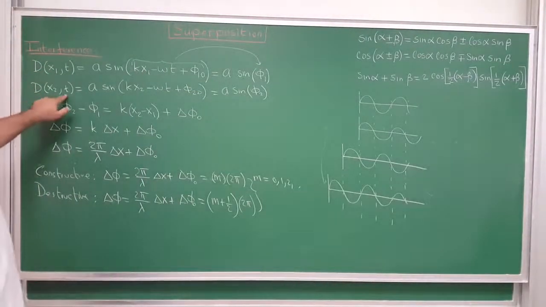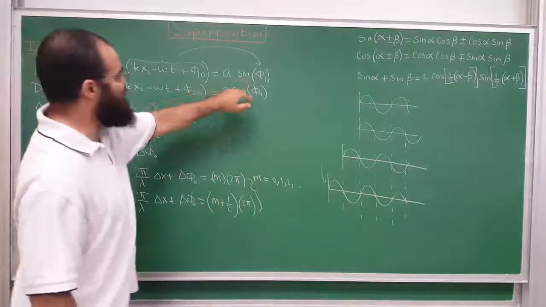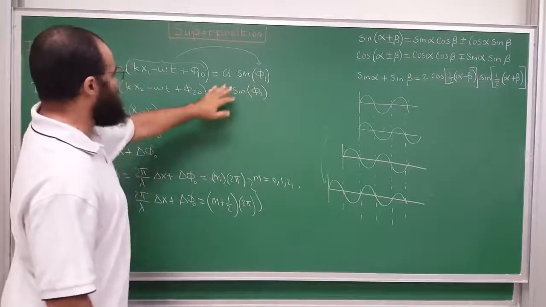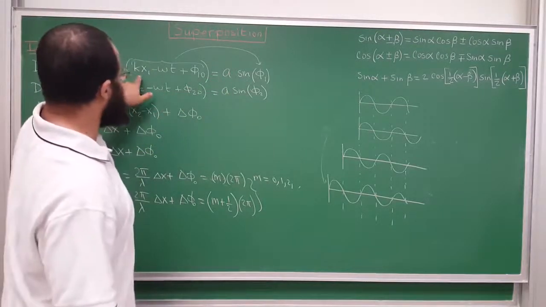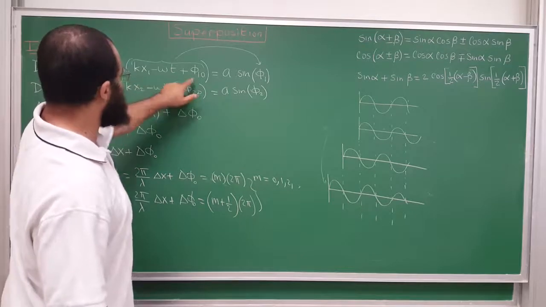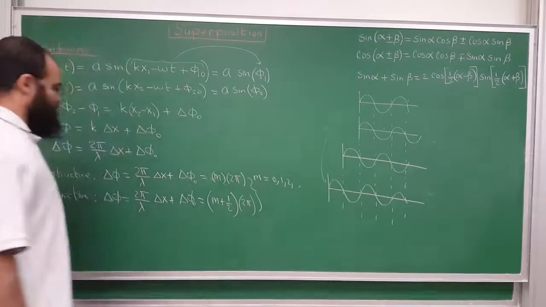So I have d of x1 and t plus d of x2 and t equals a sine phi 1 plus a sine phi 2. And don't forget that phi 1 is this and phi 2 is that.